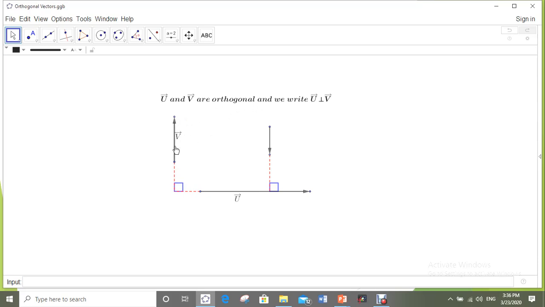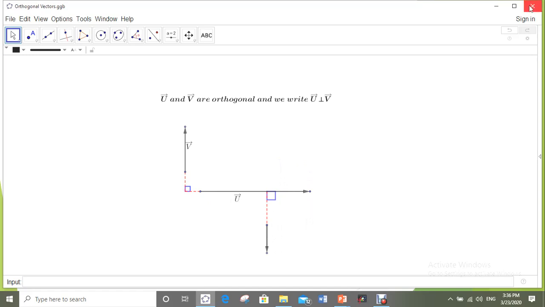Anyway, these two vectors, let's consider u and this is v, and as you see the geometric angle between them is 90. For this reason they are orthogonal, even in this position or that position, or even if they intersect each other, perpendicular or orthogonal. In all cases we can say they are orthogonal vectors, or possibly we have them in this position or that position.